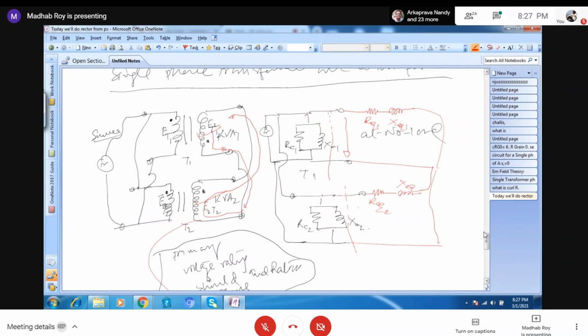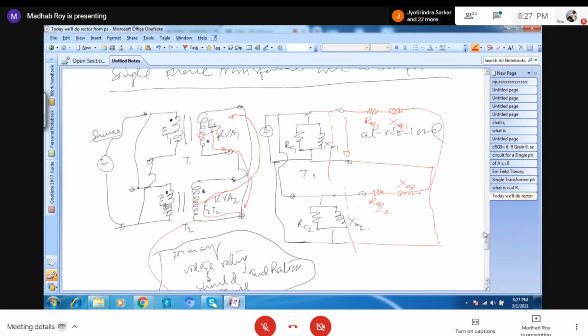Then any other condition? Do you know any other condition, to have the similar phase? Otherwise, there will be a change of phase, and one transformer will give a different power factor than the other for the same load. The current taken by the transformers will be at different power factors.